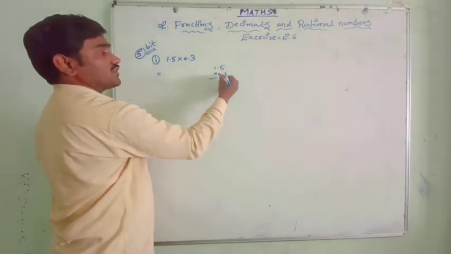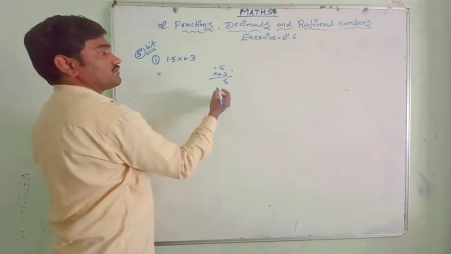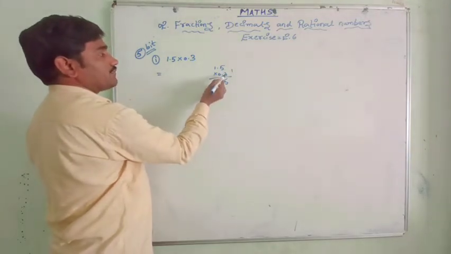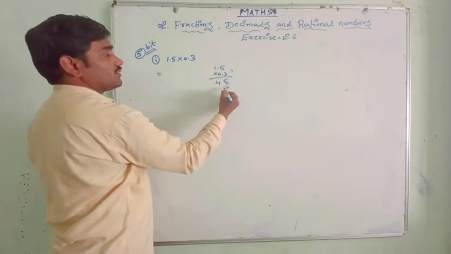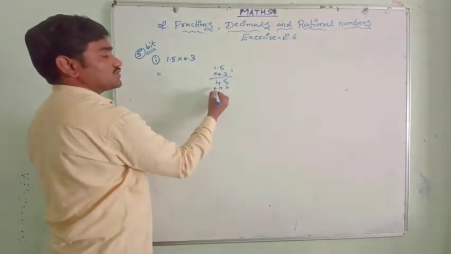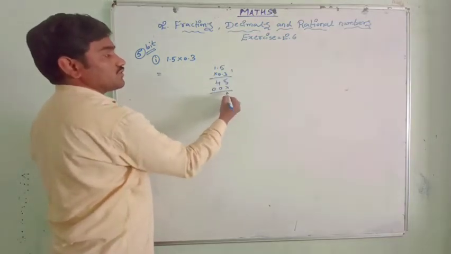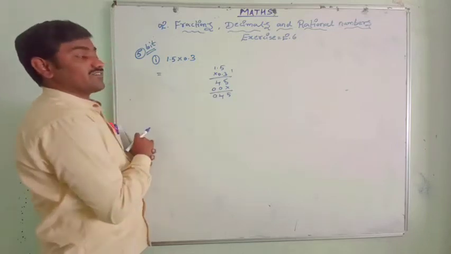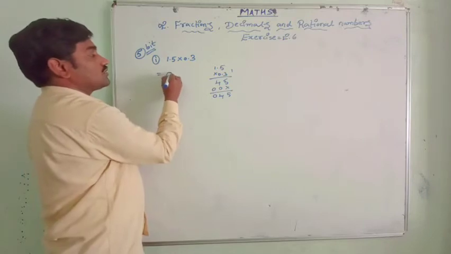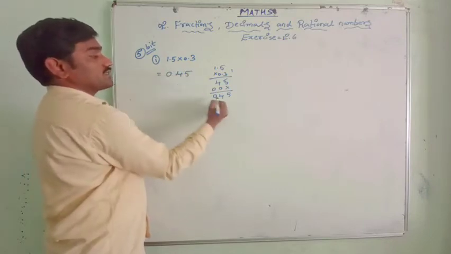With 3 you multiply. 3 5s are 15, 1 carry. Then 3 1s are 3 plus 1, that is 4. Then with 0, 0 5s are 0, 0 1s are 0. You got 045 as the answer.